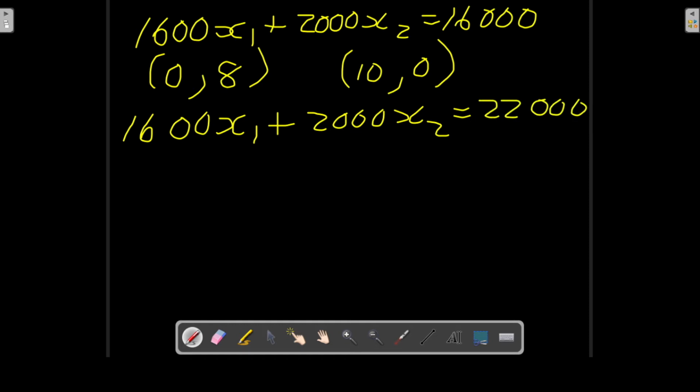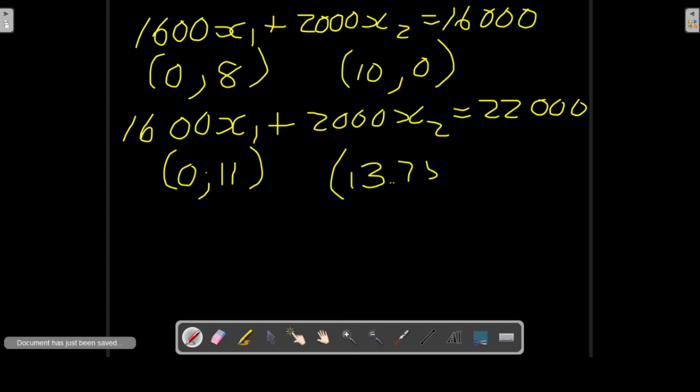Okay, and again, 2 points that will lie on this line are the points where x1 is 0 and x2 is 11, and where x1 is 13.75 and x2 equal to 0. So we can draw this level line on our graph as well.